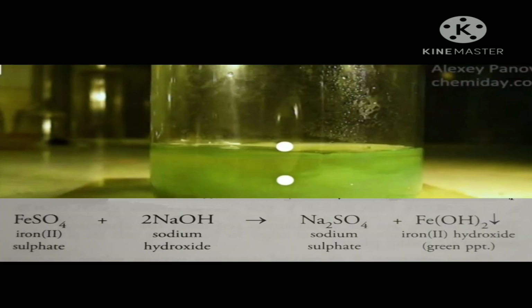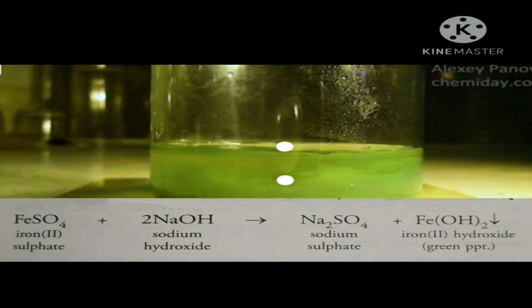The next example is the reaction between iron sulfate and sodium hydroxide. When iron sulfate reacts with sodium hydroxide, it produces a green precipitate of iron hydroxide. See the figure. You will see a green precipitate being formed.